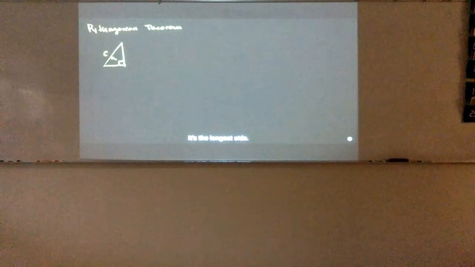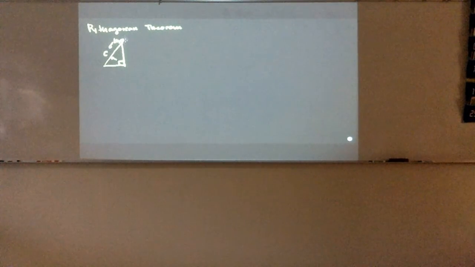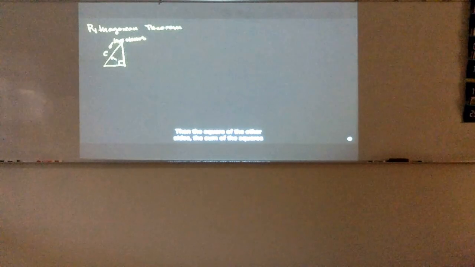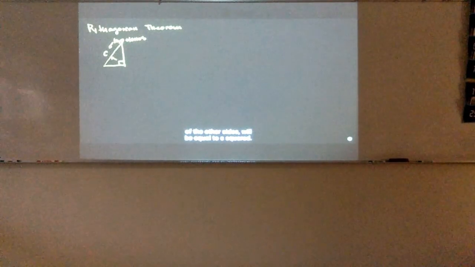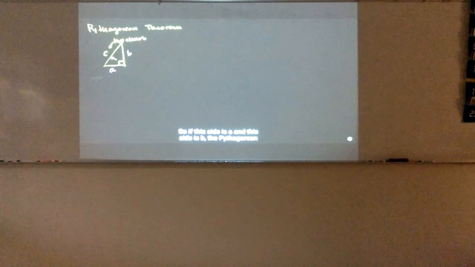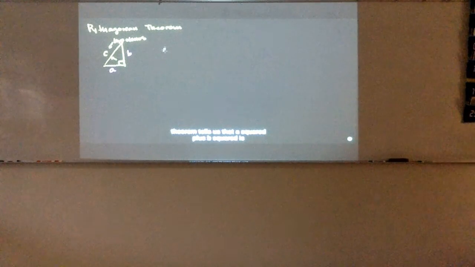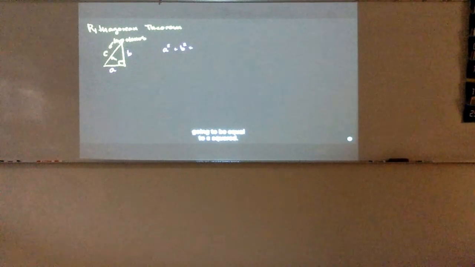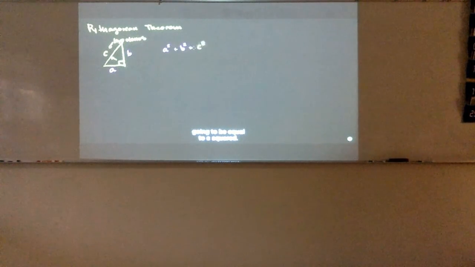It's the longest side. We call that the hypotenuse. Then the sum of the squares of the other sides will equal C squared. This side is A, this side is B. The Pythagorean theorem tells us that A squared plus B squared is going to be equal to C squared.